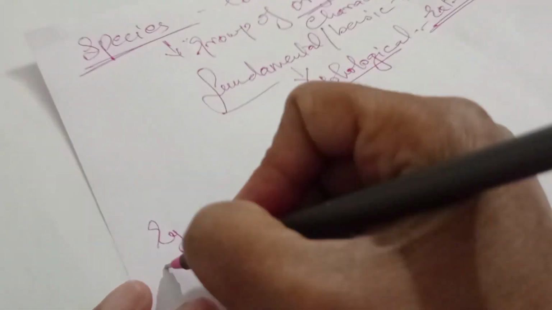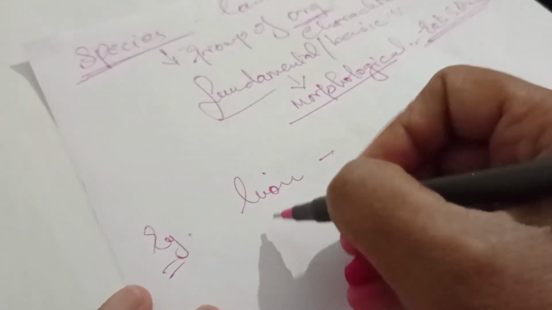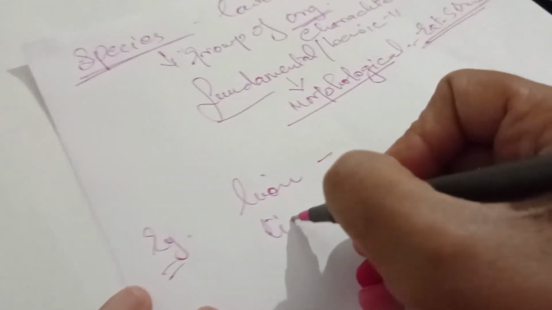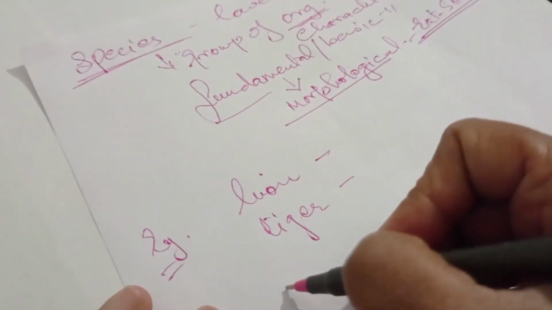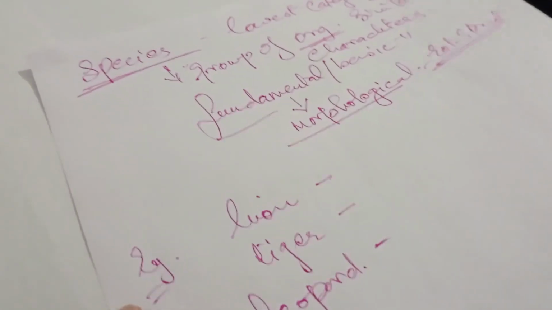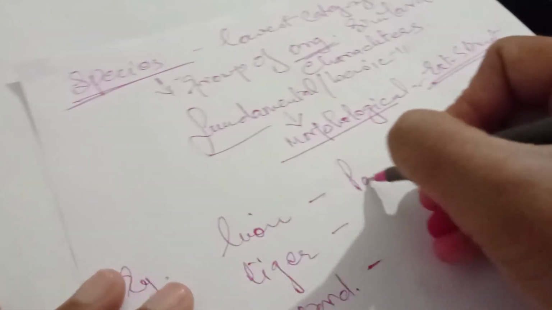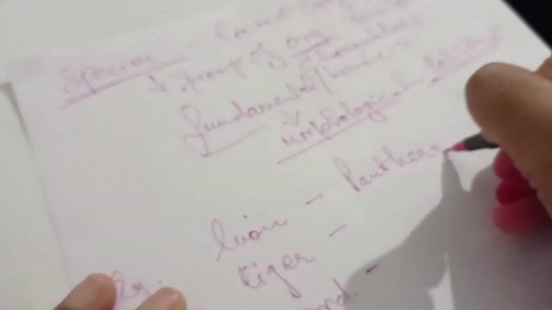For example, you know lion, you can identify them well. You know tiger, and also leopard. Now, if we come to taxonomy or the classification, lion is known as Panthera leo.